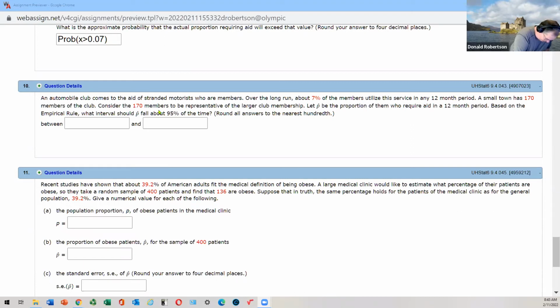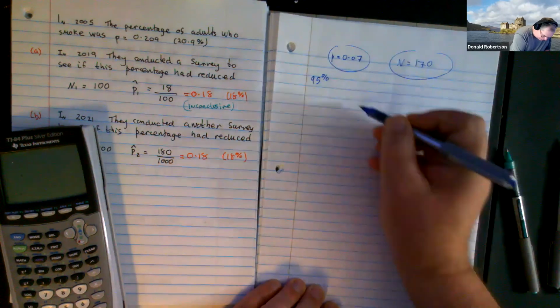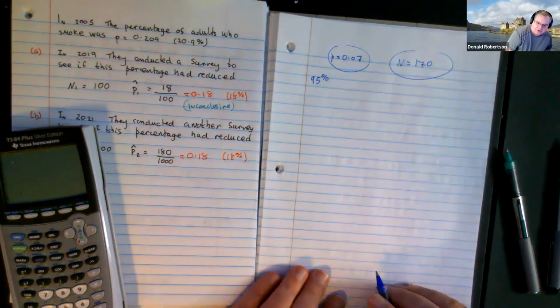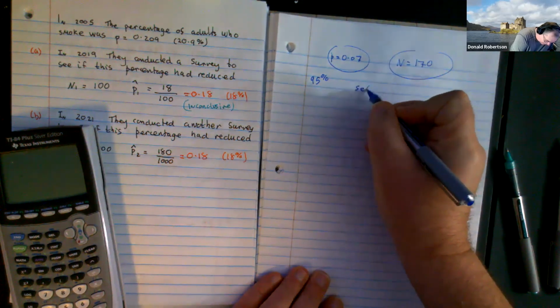And this question is asking us to do a 95% confidence interval. So let's see what that looks like. Well, I should be able to get the standard error.